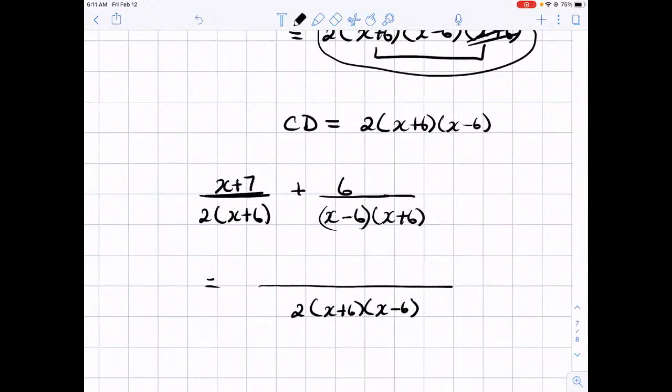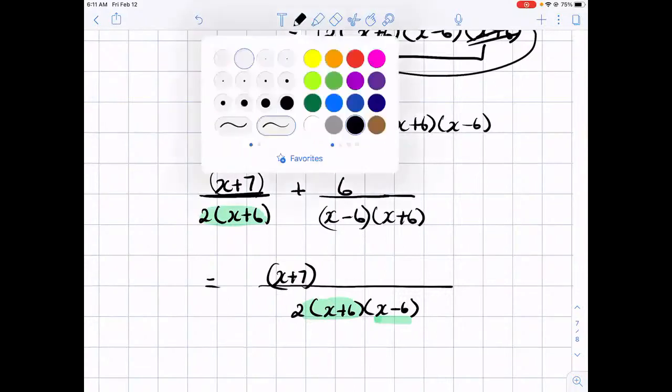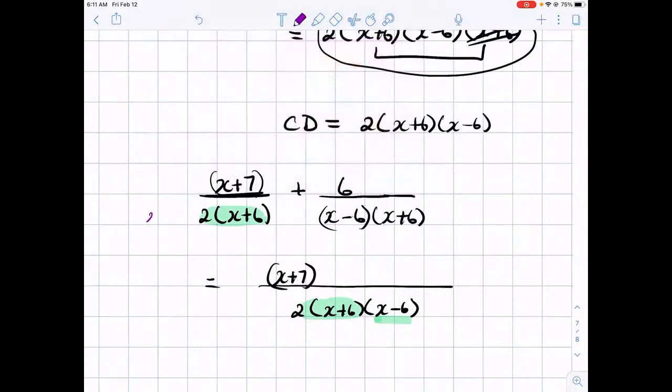So we take the numerator, which is x plus 7, and then we compare the denominator. Here we have 2 parentheses x plus 6, but we're multiplying it by x minus 6 also. So I have to multiply the top and bottom by x minus 6. So we have an x minus 6 here.